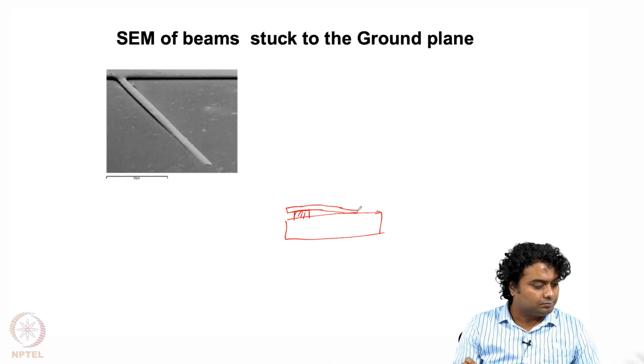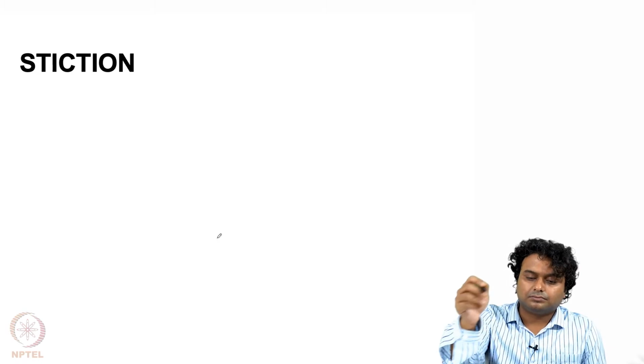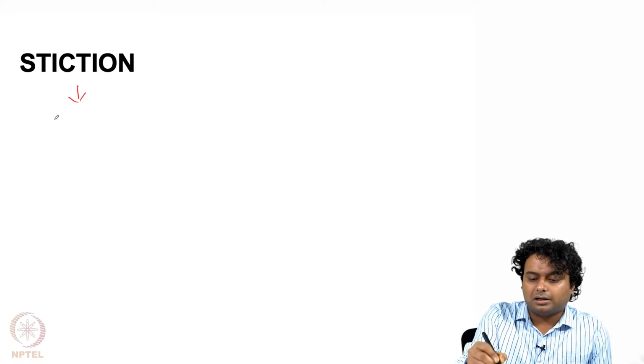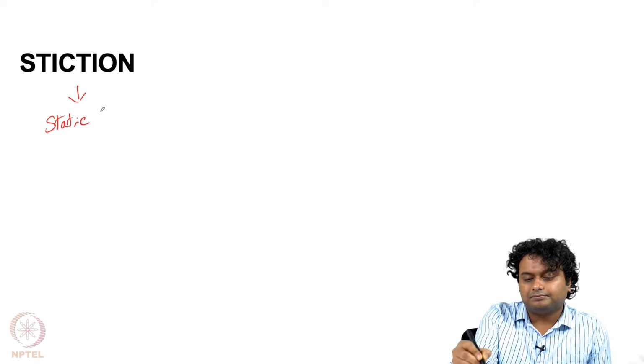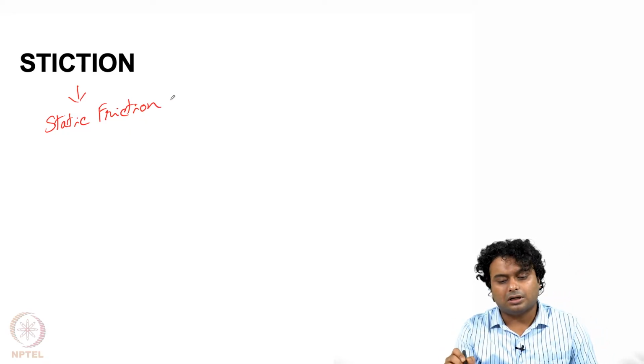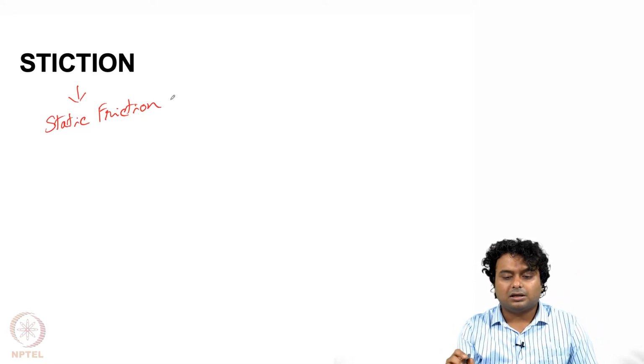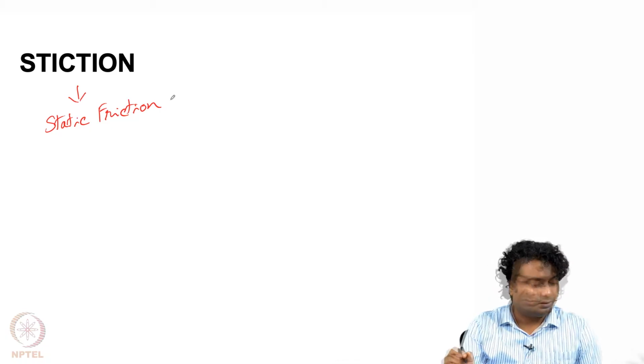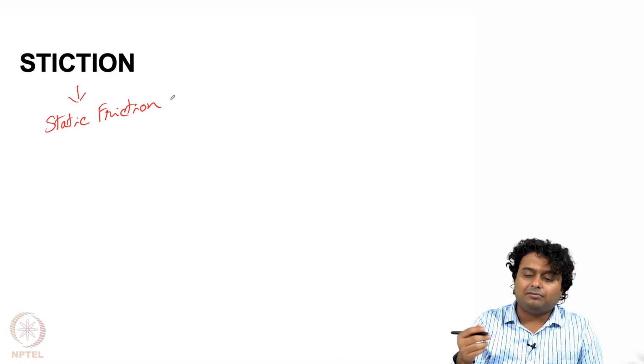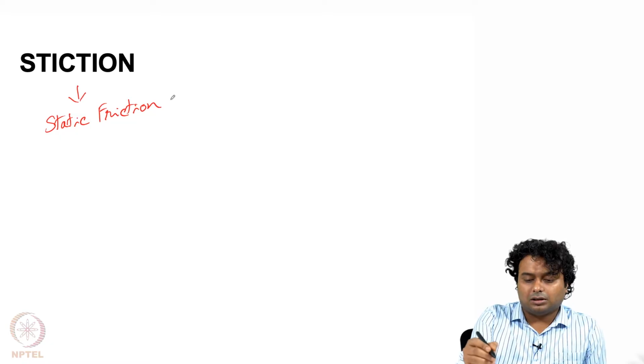Now, what is stiction? By name it means static friction. Friction force we are all aware of, and this is a kind of static friction force. Now, what can be different reasons for stiction?